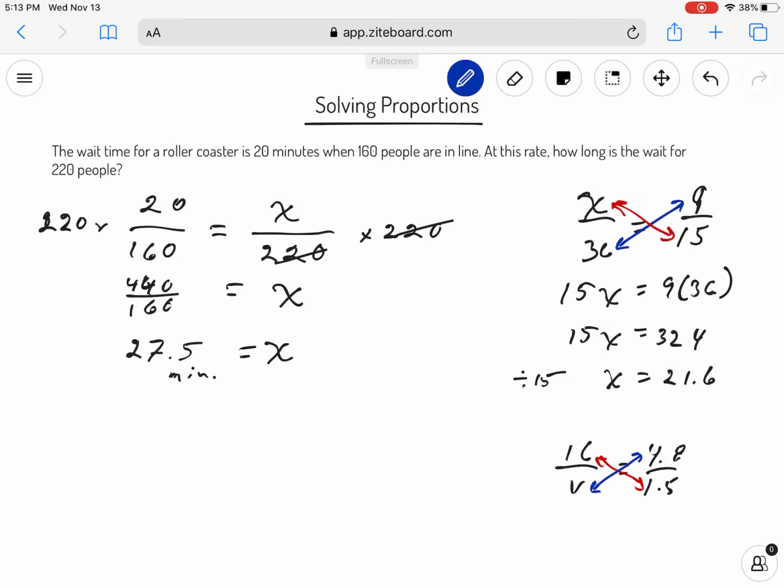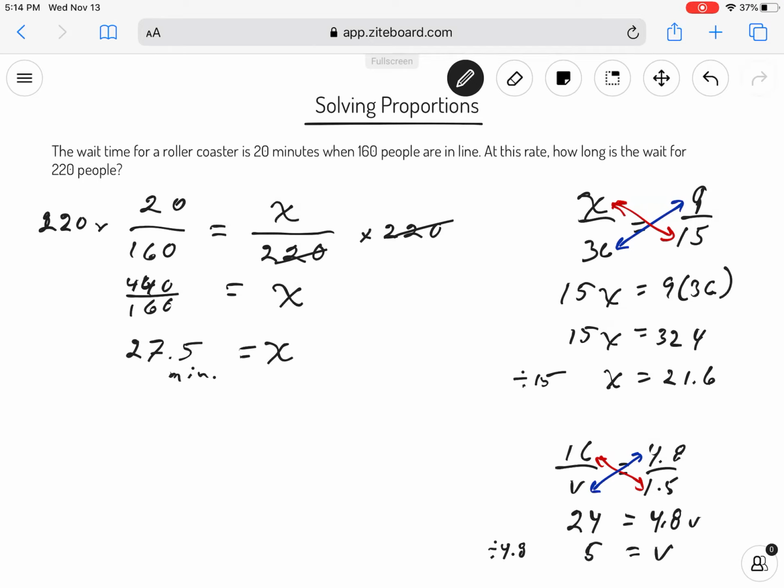So that's going to be over here 4.8 v, and 1.5 times 16 would be 24, divide both sides by 4.8, and that's going to be v is going to be 5.